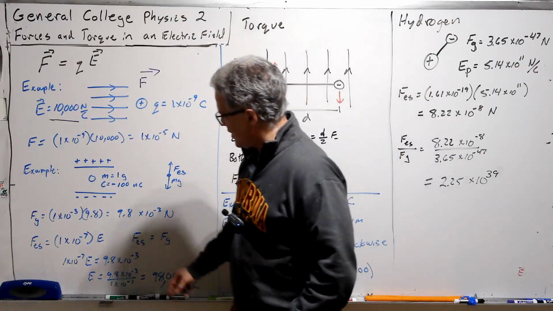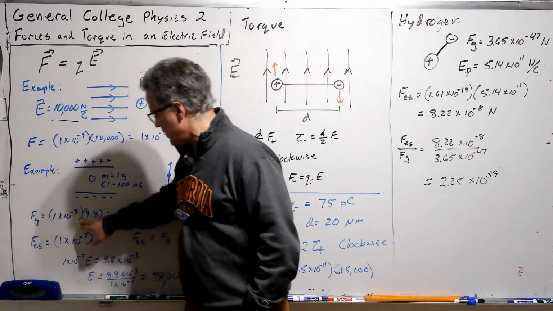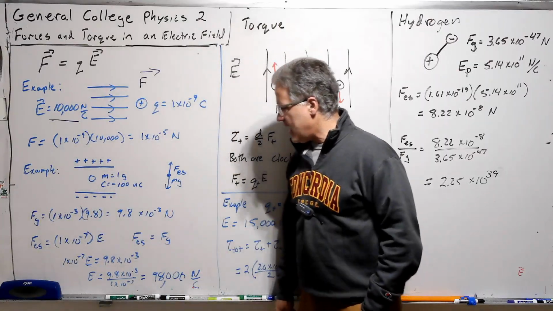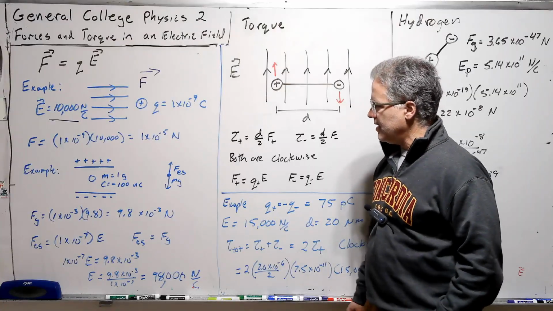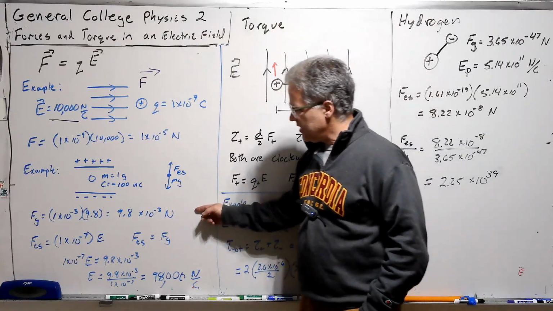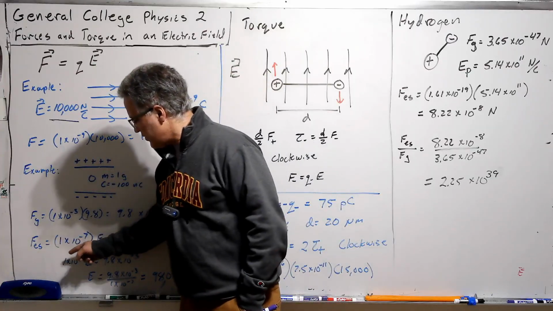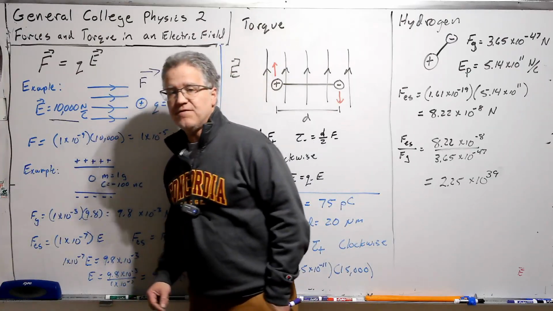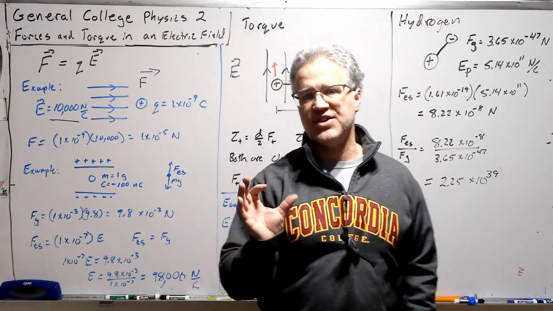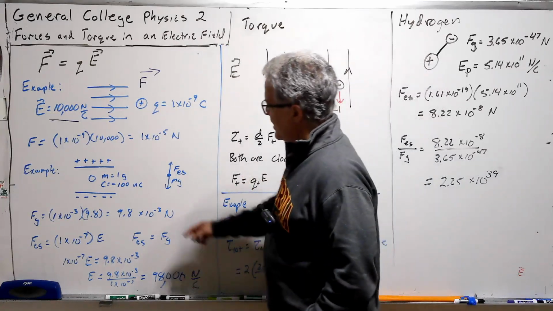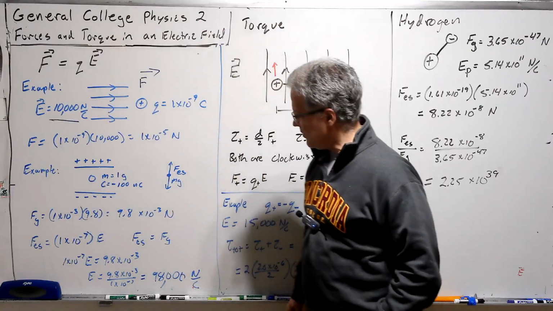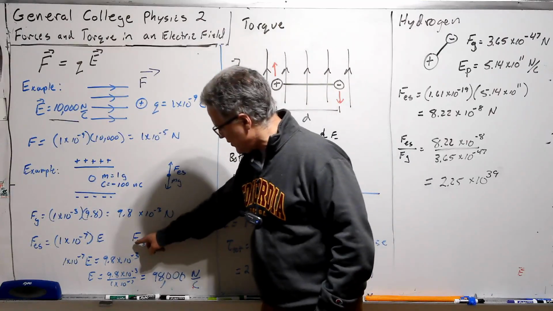Well, the weight force is going to be 1 gram, here it is in kilograms, times 9.8, so 9.8 times 10 to the minus 3 newtons. The electrostatic force is going to be the charge times the field, and that's what we're trying to figure out. What do we have to dial this field up to so that we can suspend this mass like we want to? So we set these equal to each other.